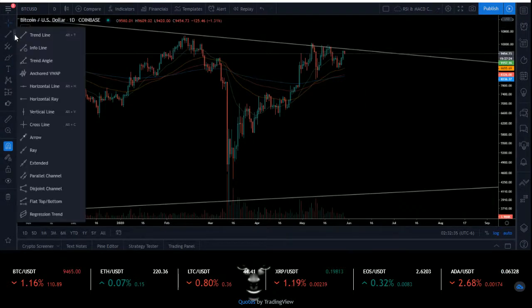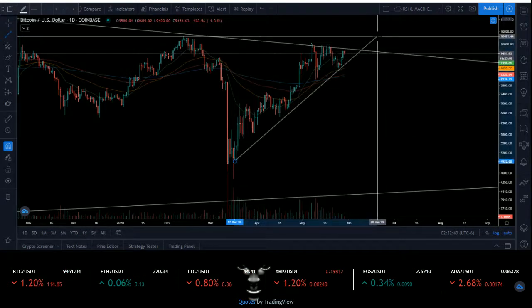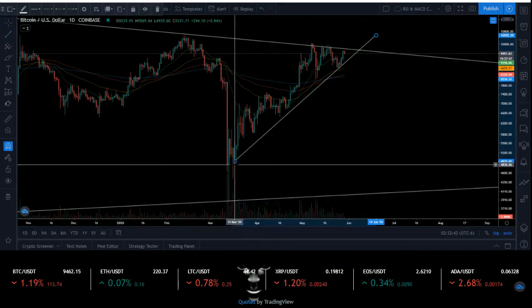You have to draw another trend line going upward, from here until there. You can consider that one.